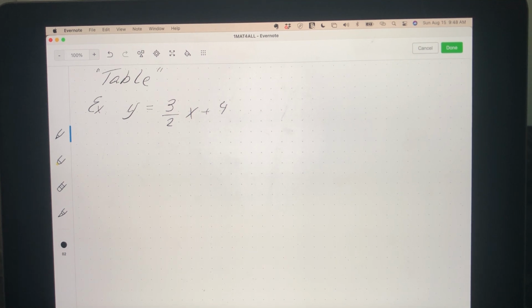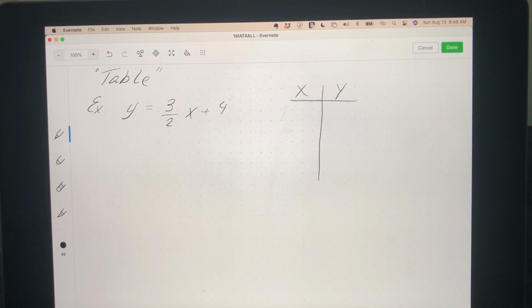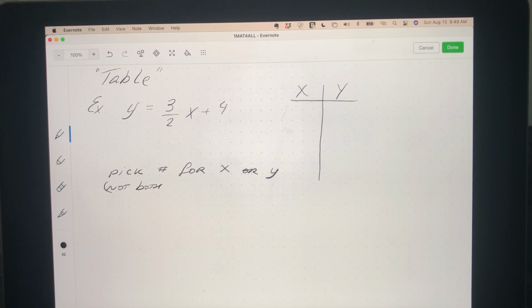The table of values means that we get to choose some values for x or y. The way this works is we pick some number for either x or y, but not both. That's very important. We never choose two numbers, we only choose one, either x or y.